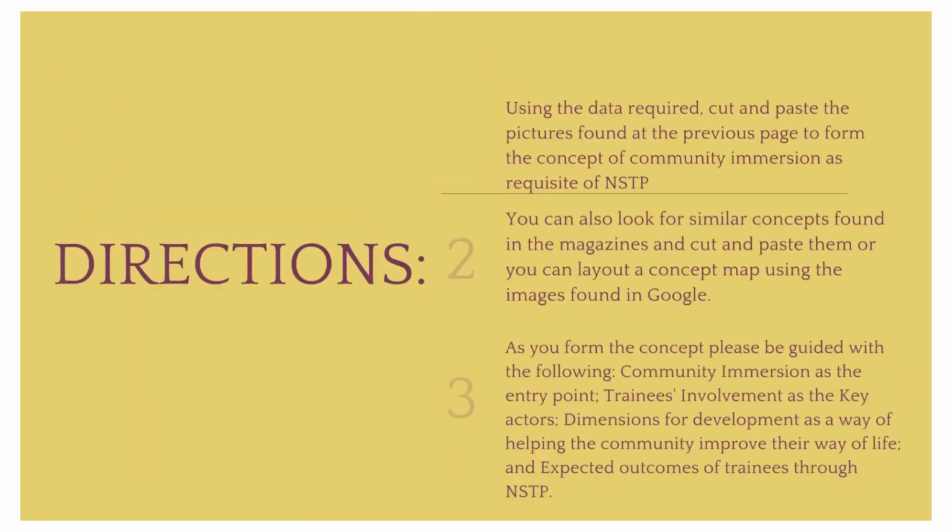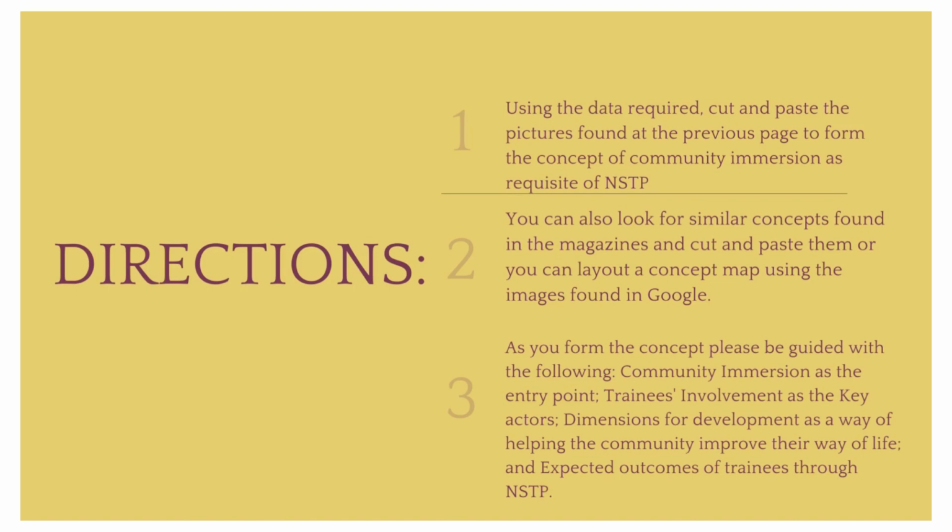So for your activity, there is a direction provided. First, using the data required, cut and paste the pictures found on the previous page to form the concept of community immersion as a requisite of NSTP. So basically, you just have to cut and paste the pictures.